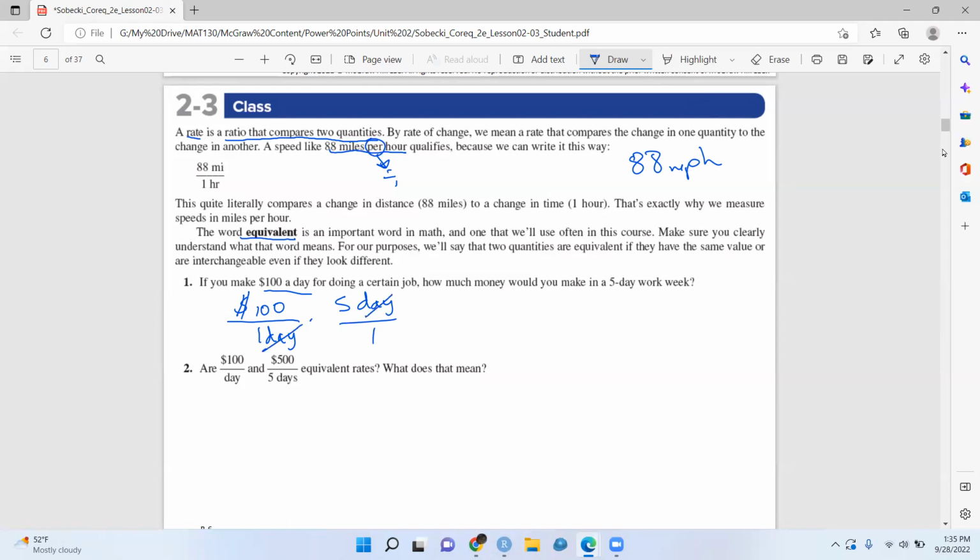The days cancel, and we're left with just dollars. $500. That's maybe more complicated than you needed to do, but I think thinking this way, writing things out this way can help you get through the more complicated problems, even though you probably could have done this without writing anything down.